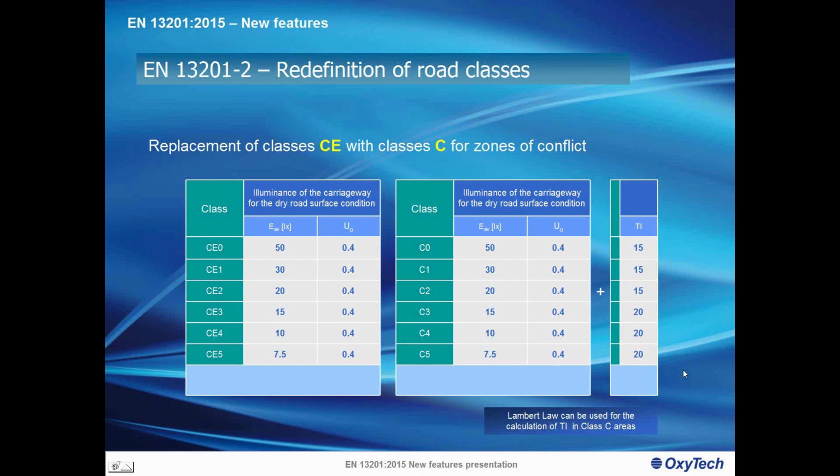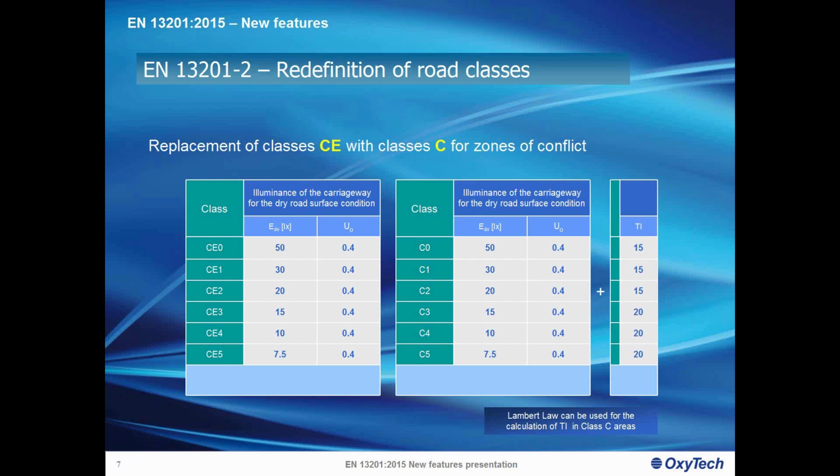So the standard is helping us, saying that it is possible to calculate luminance, but not as we calculate for a straight road and through the R tables. It is possible now to calculate luminance using for the area the Lambert law, which means a complete diffuse reflection of the surfaces.